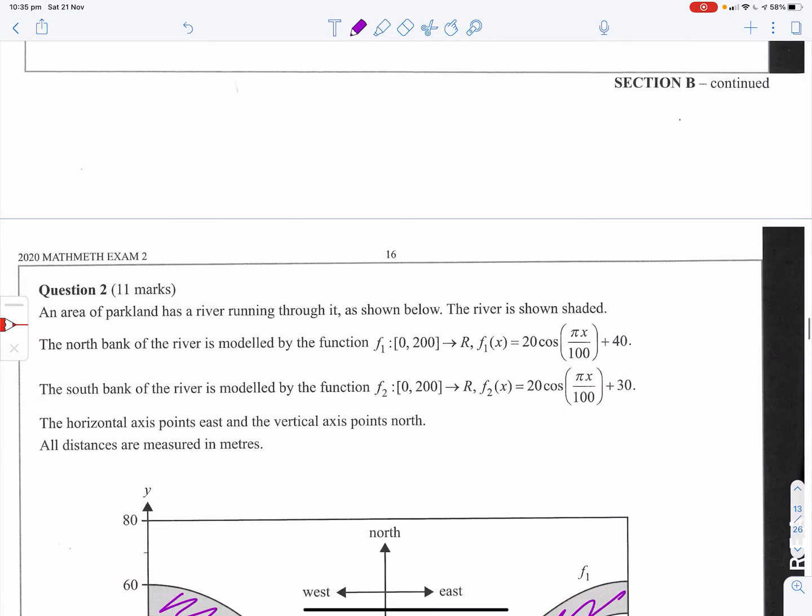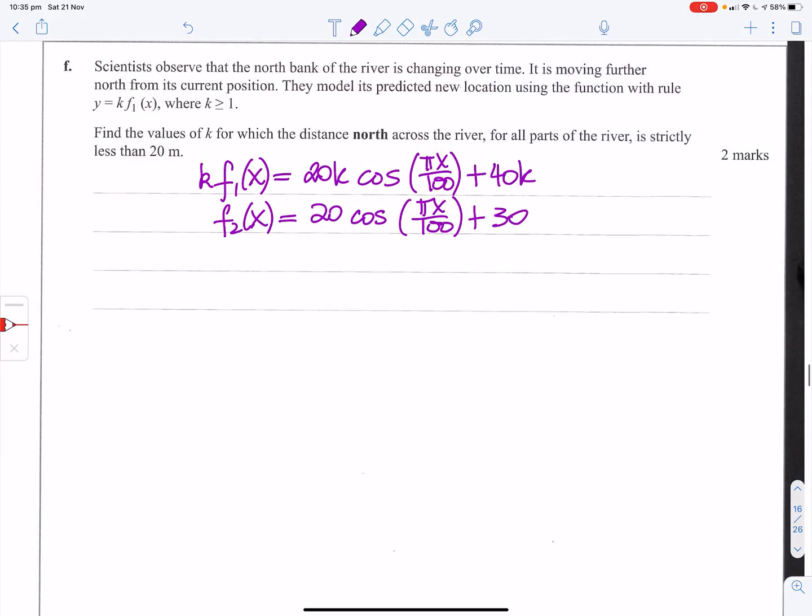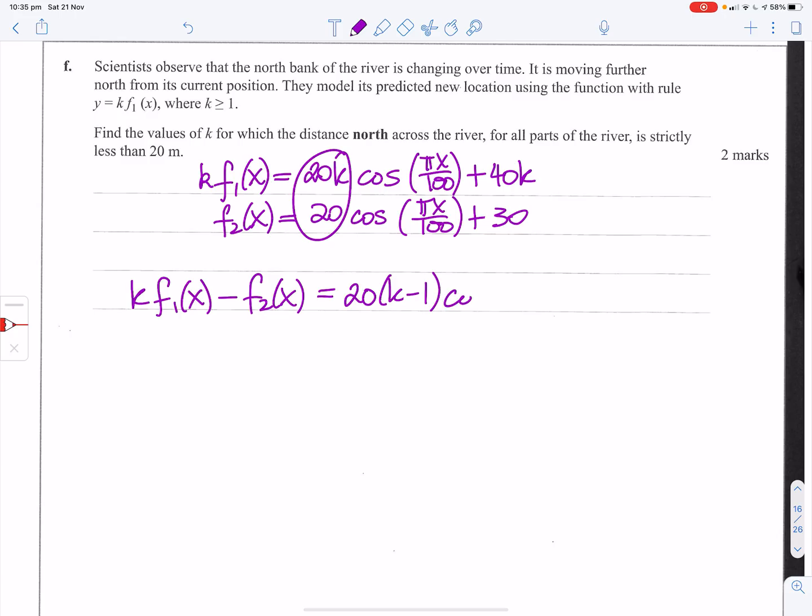So if we do k times f1 of x minus f2 of x, we subtract those, so 20k minus 1 cos of pi x on 100 plus 40k minus 30.